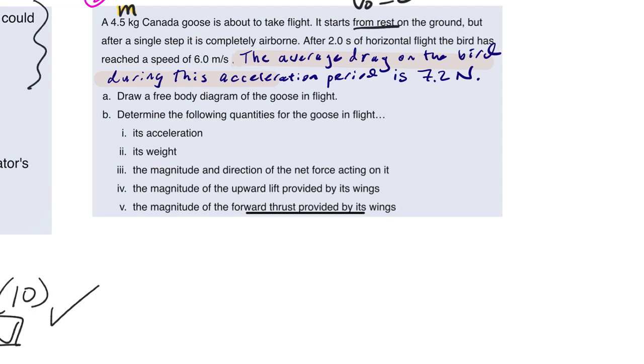But after a single step is airborne, after 2 seconds, so there's a time of horizontal flight, the bird has reached from 0 meters per second, he's reached 6 meters per second, so that's VF. The average drag on the bird during this acceleration period is 7.2 newtons. Okay, so part A, draw a free body diagram of the bird.